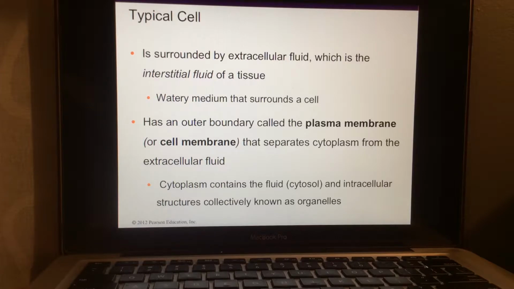Now, there are three key differences between the cytoplasm and the extracellular fluid. Cytosol has an increased number of suspended proteins. Remember, inside the cell we are doing lots and lots of enzymatic reactions. There are going to be a higher number of potassium ions, and the concentration of sodium ions is going to be much lower.